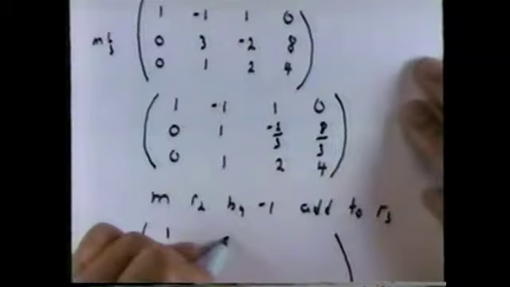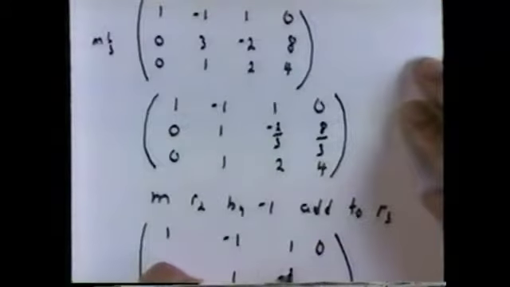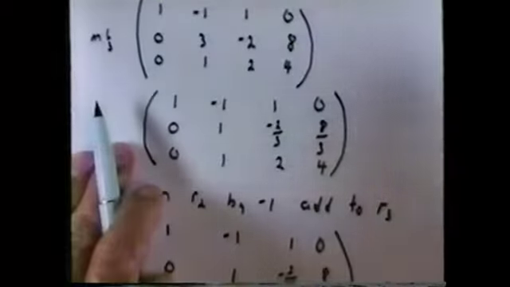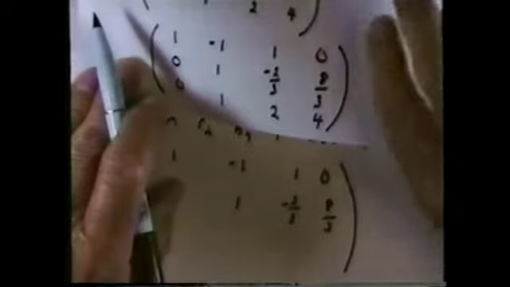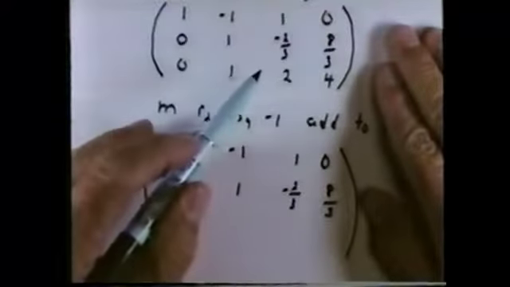So 1, negative 1, 1, 0, 0, 1, negative 2/3, 8/3. We want to multiply row 2 by negative 1 and add to row 3.